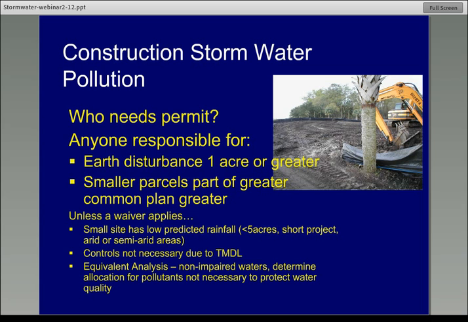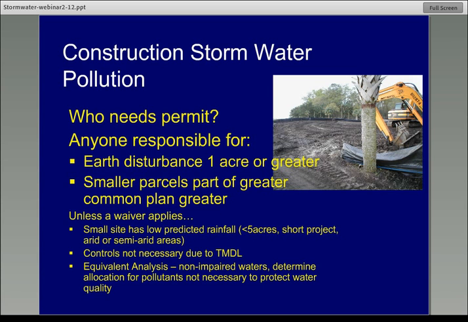And the idea of what waters fall into that category has been challenged over the last bunch of years in court cases, specifically related to the wetlands and the dredge and fill laws. So I'm going to encourage you to go to the website, and we can talk offline a little bit more about that definition.